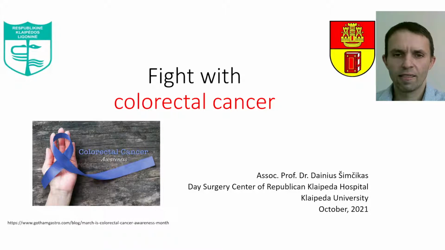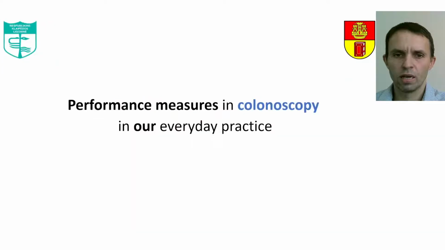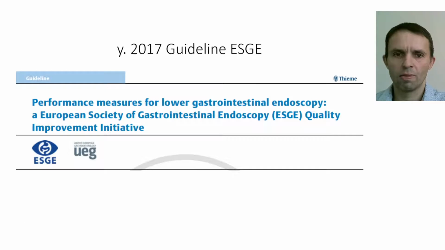This is the eighth and the last episode of this course, and I would like to continue my talk about the performance measures in colonoscopy in our everyday practice. For this talk, I'm using this guideline as a frame, and this guideline was published in 2017 by the European Society of Gastrointestinal Endoscopy.